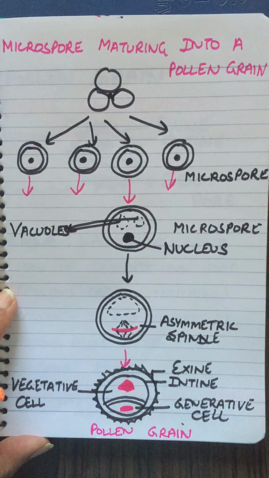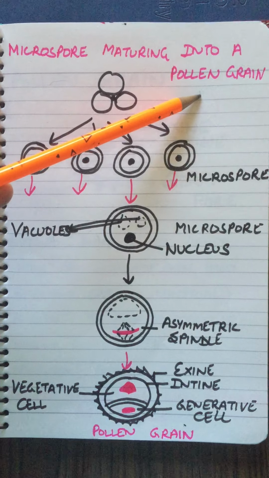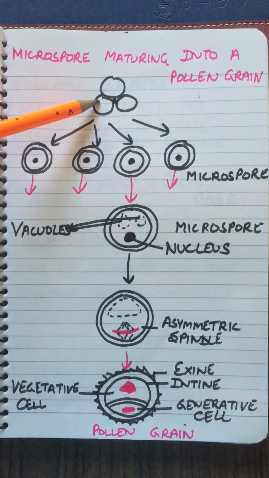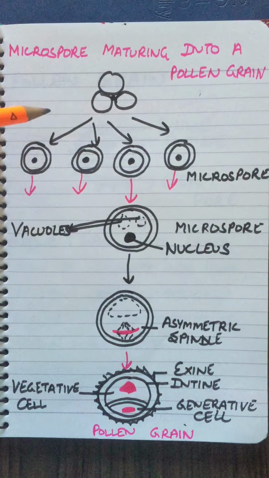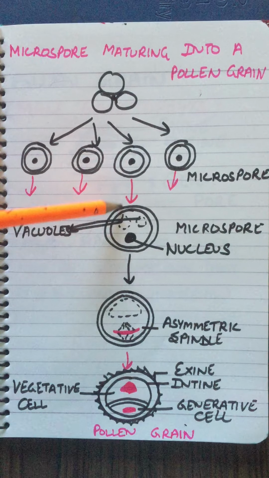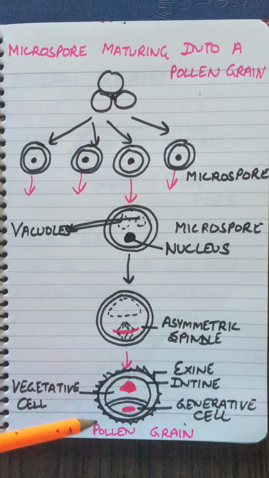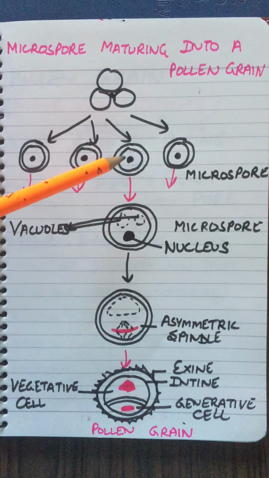Now, once these microspores are formed, they will mature into a pollen grain. So this is a microspore tetrad. These microspores will separate from each other, and each microspore will undergo these events to mature into a pollen grain. So let's see what the events are here.